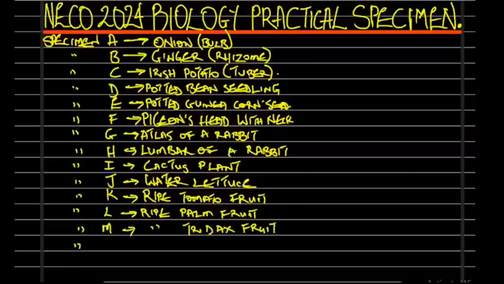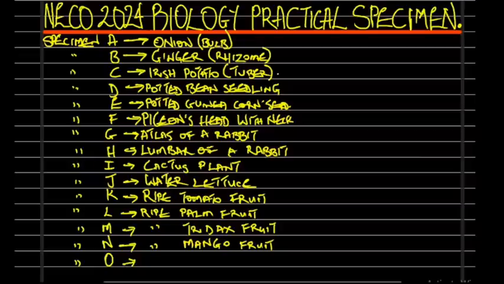And then we have our specimen N. Specimen N there we're told to get ripe mango fruit. And then for specimen O, we're told to get ripe flamboyant flower.